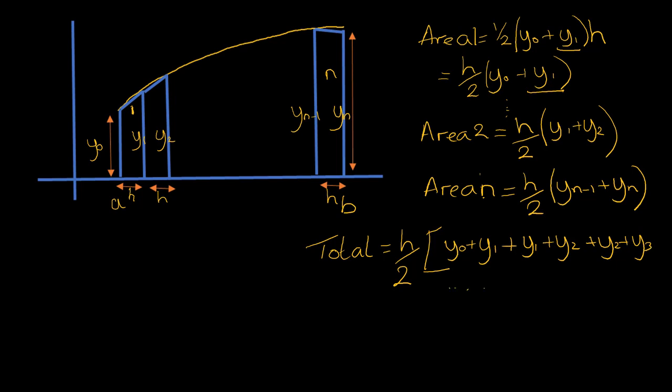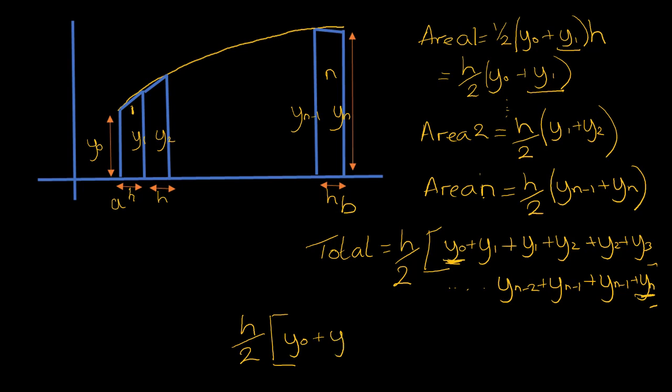And then finally we've got yn minus 2 plus yn minus 1, and then the last one would be yn minus 1 plus yn. So what you can see is that all of these y values are doubled except the first one and the last one. So that's why the formula is a half of the h, and then we want the y0 plus the yn. We only want one of those, but we want 2 of everything else.